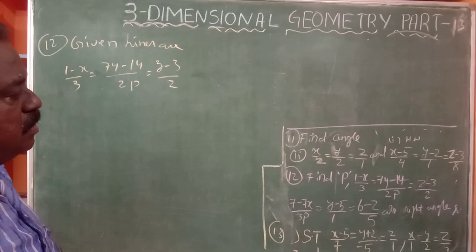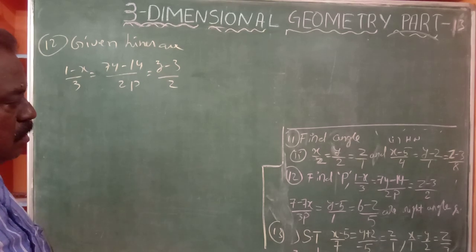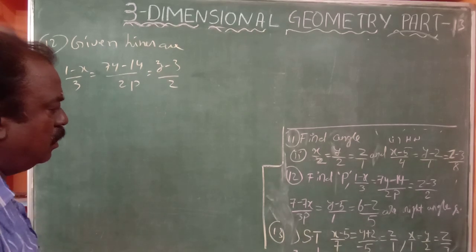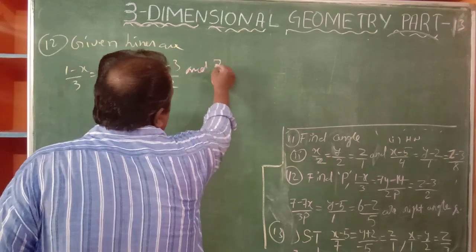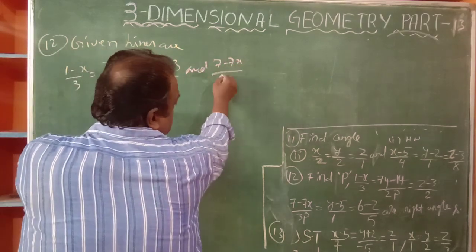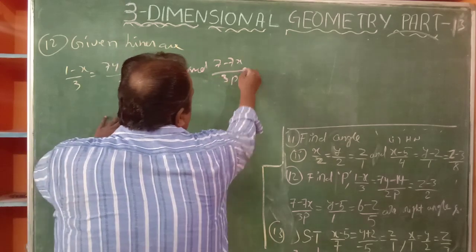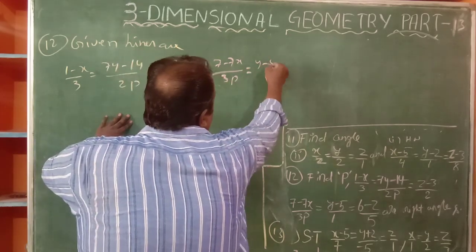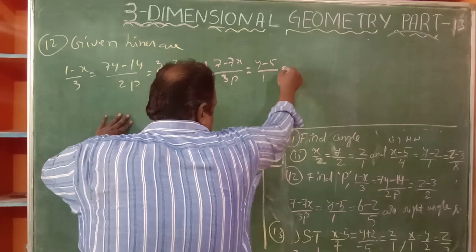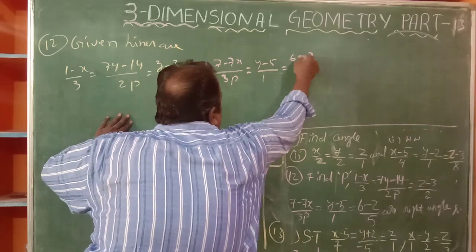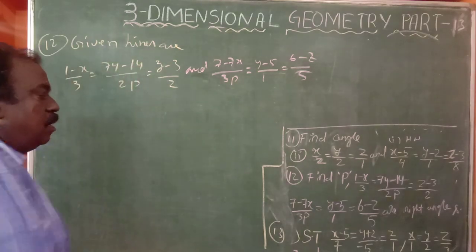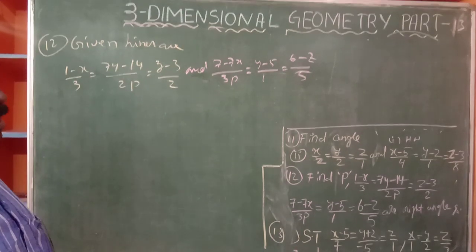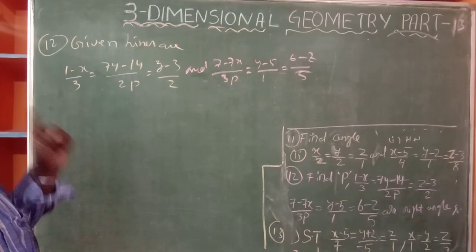Yes, 1 minus x, 7y minus 14, that one. And the second is (7 minus 7x) by 3p equals (y minus 5) by 1 equals (6 minus z) by 5. They are at right angles. Then we have to find the value of p.